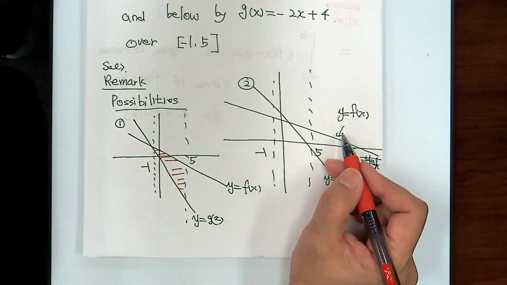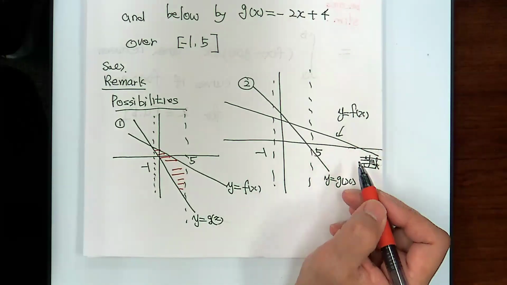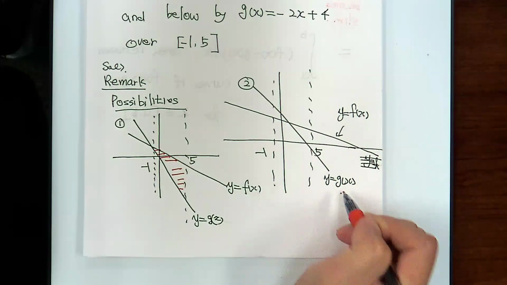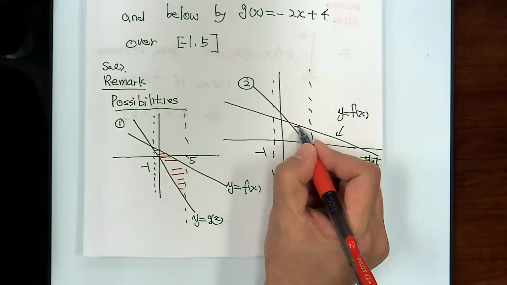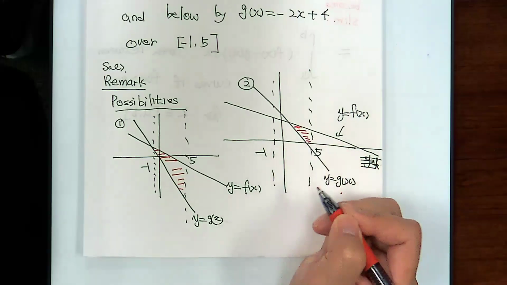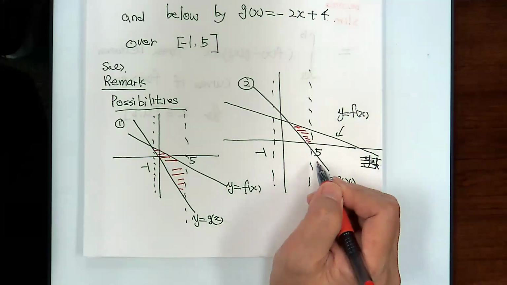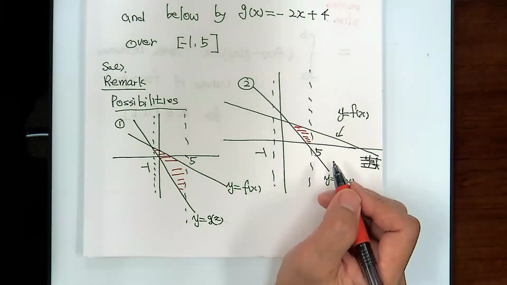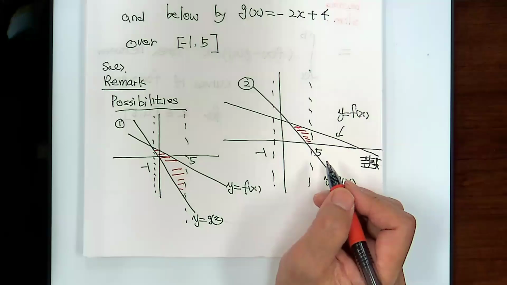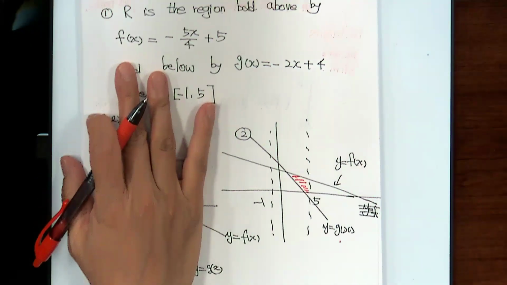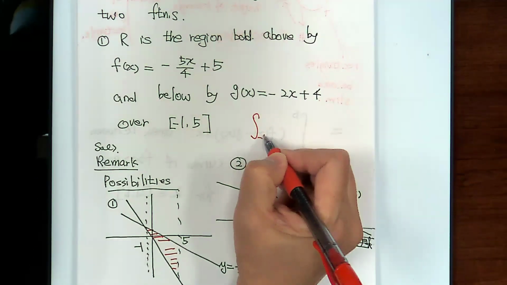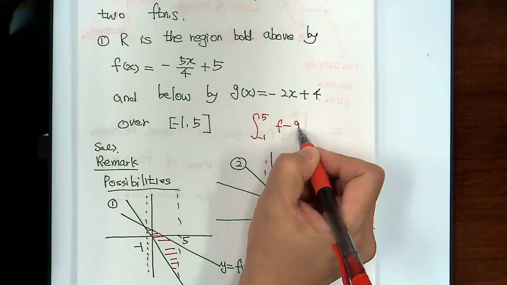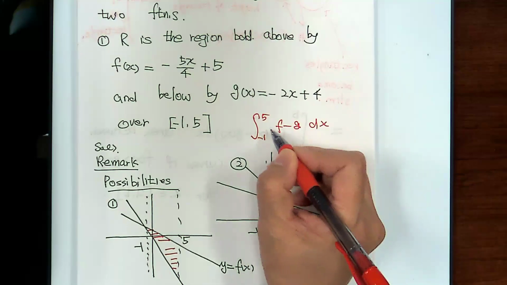Then f of x is larger than g of x only in part of the region, from somewhere between minus 1 to 5, right? So what I'm trying to say is we cannot just write the integral from minus 1 to 5 of f minus g dx.